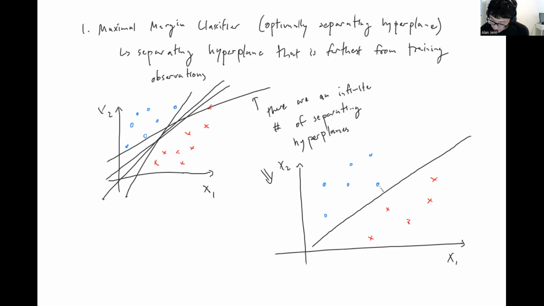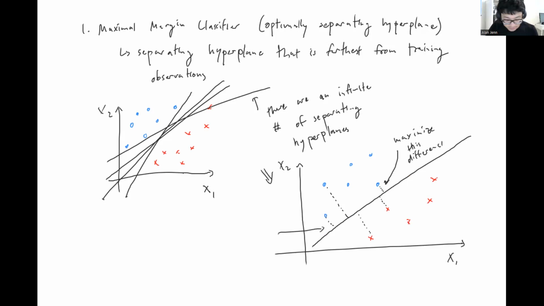You can draw a line to your hyperplane. The whole idea is that you want to maximize this difference.